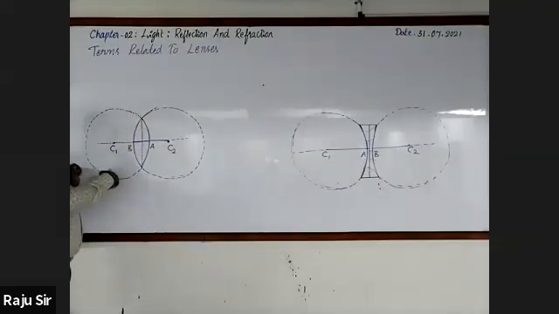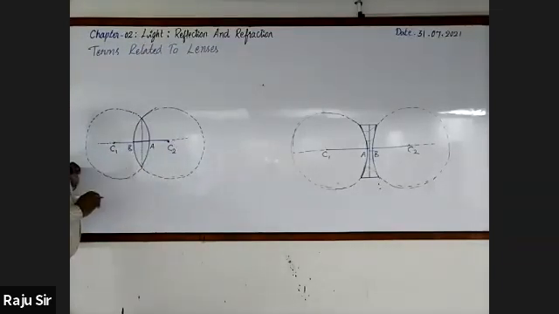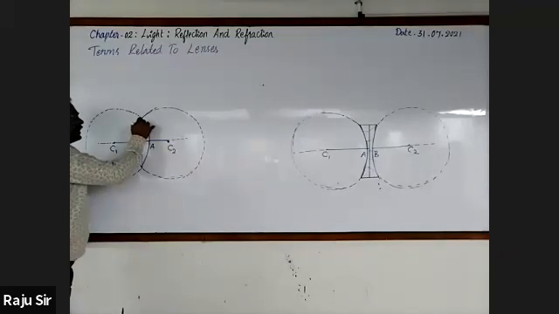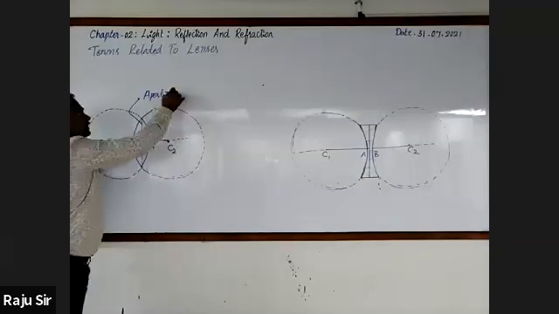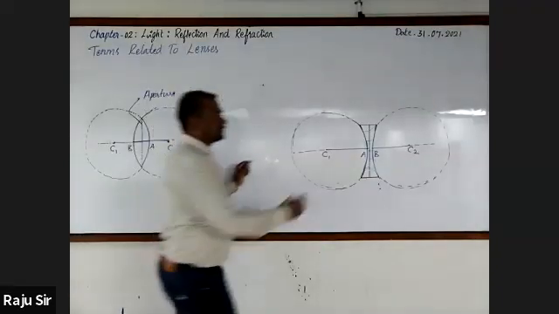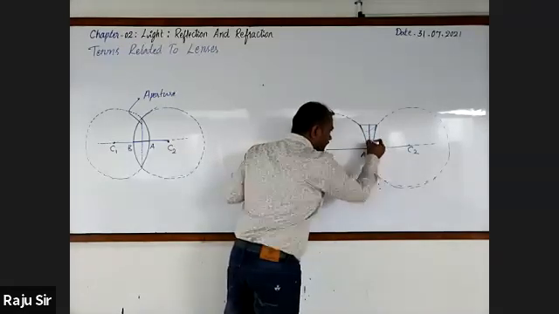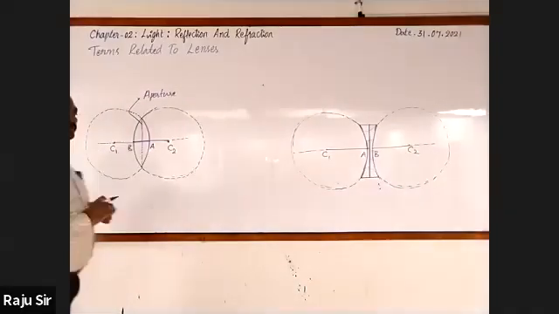Don't say the diameter of the imaginary sphere. It is the diameter of a lens. And we call this diameter the aperture. Or even here, the diameter of a concave lens is called the aperture.